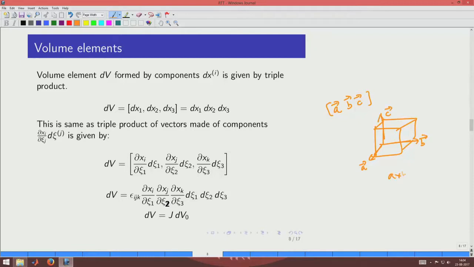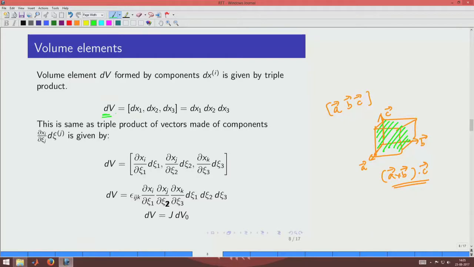So, A cross B dot C is a triple product which we define with the square brackets, and that gives you the volume of this entire control volume. It is bounded by the 3 vectors A, B, C.